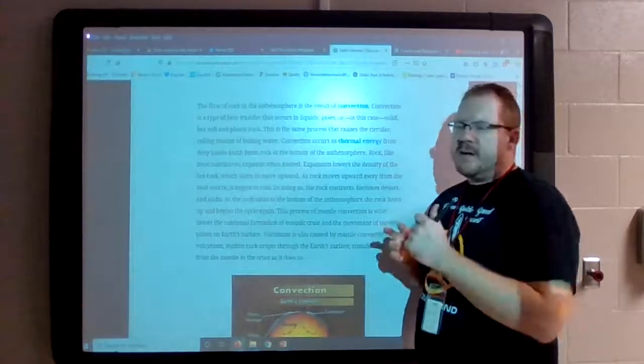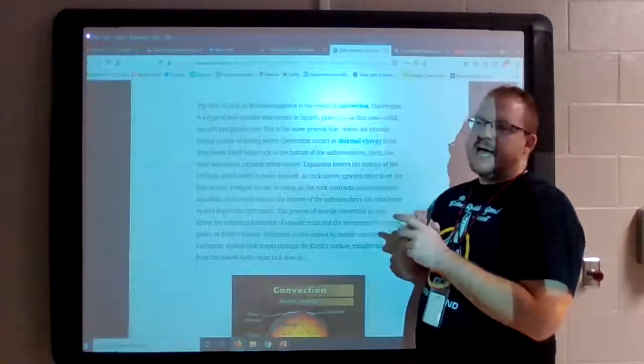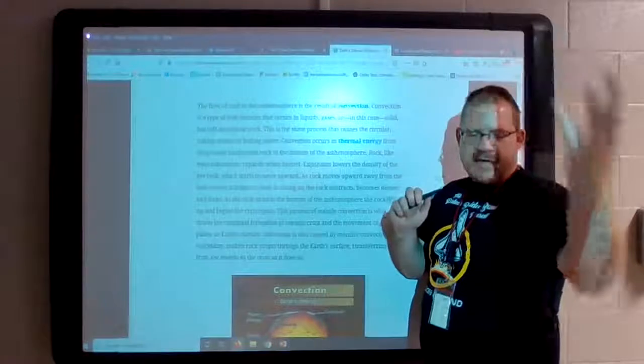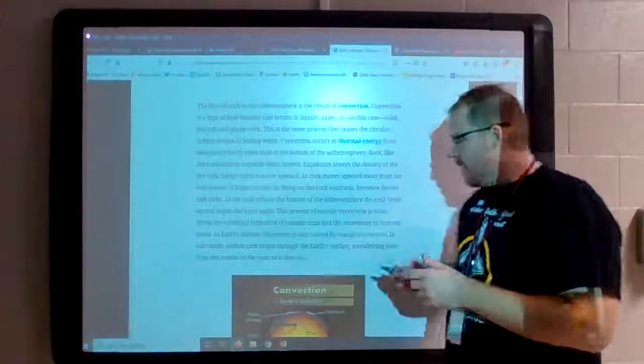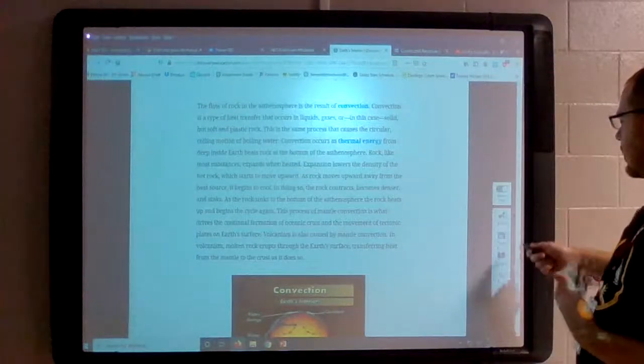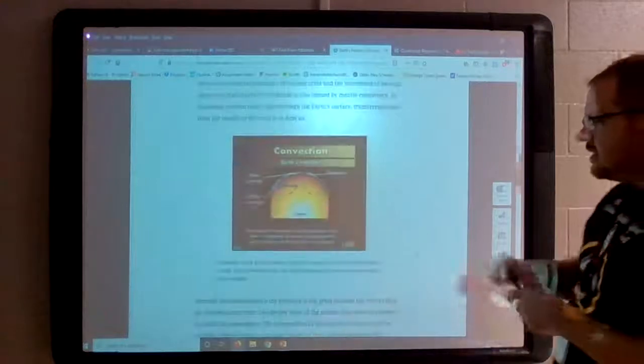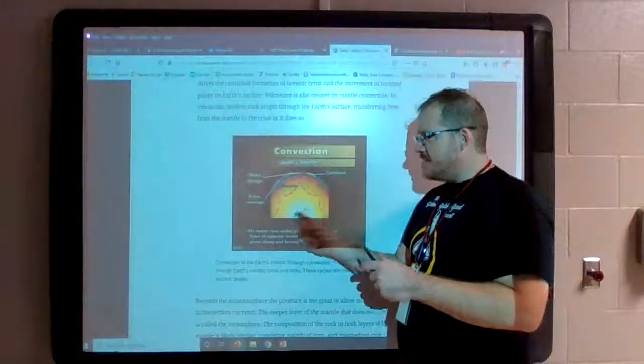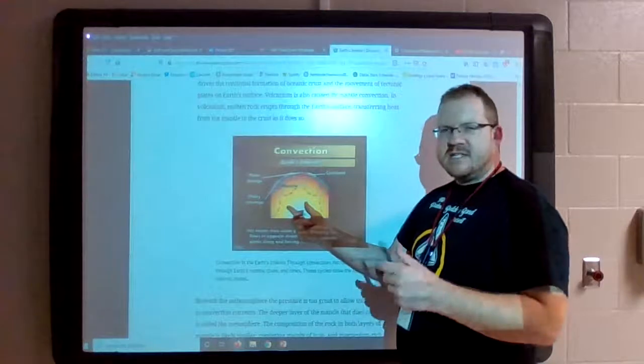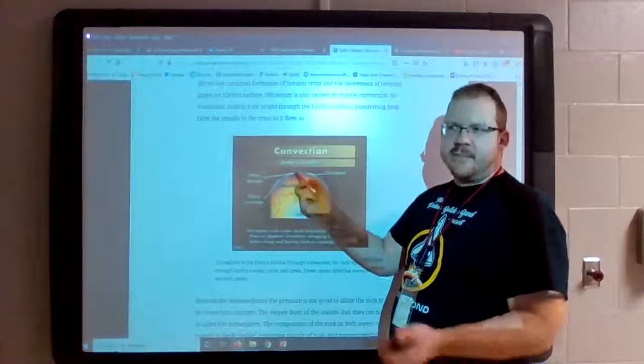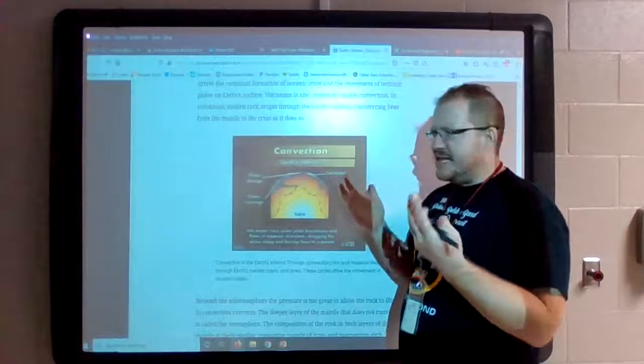But you all have learned about convection before. Convection is the idea that hot things will rise and cool things will sink. So if you have the core of the Earth, which is much hotter, the core is going to be heating up this material, and the stuff that's near the core is going to rise up because it's now hotter and less dense.